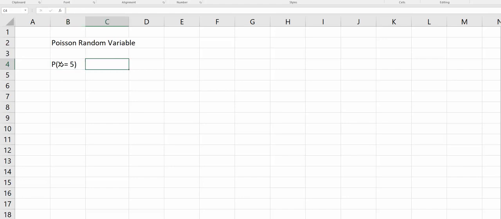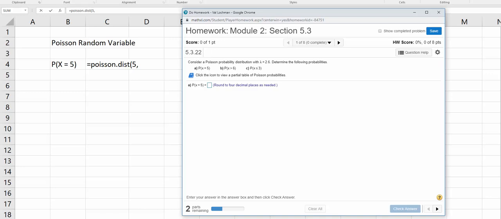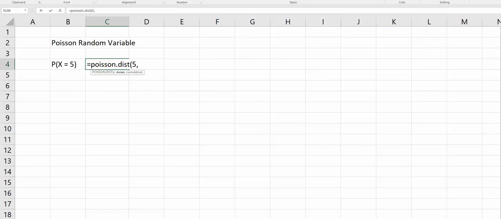We use the Poisson distribution function with x equal to 5, the mean 2.6, and for cumulative we say false, or 0, because we want the probability of the random variable x being exactly 5.